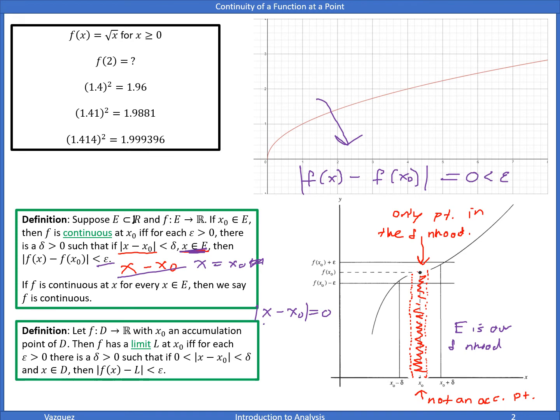So our continuity requirement for a function to be continuous is always met because it's equal to 0, and that's always less than epsilon. Therefore, if a point is not an accumulation point, well, it's always continuous at that point.